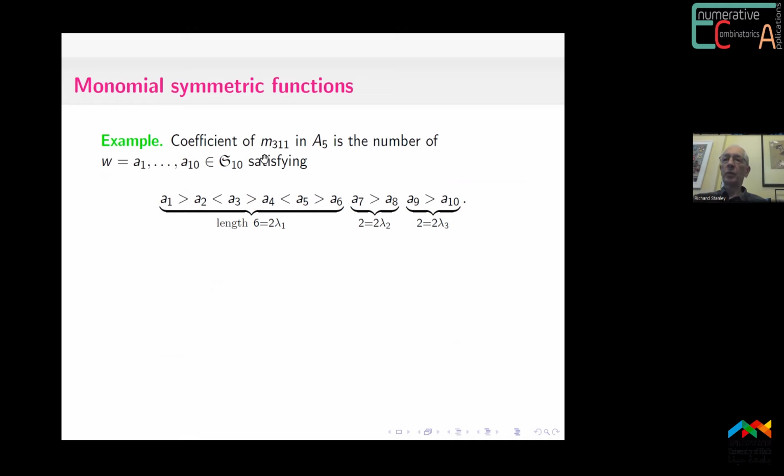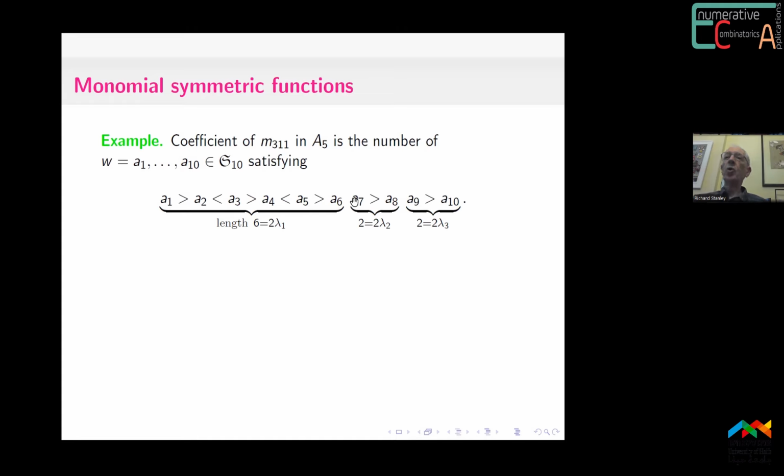result. Suppose we look at the A5, and we want the coefficient of the monomial symmetric function M311. So what we do is we look at permutations in S10, twice this index 5, and we want the first 6 terms, because 6 is twice 3, to be alternating.